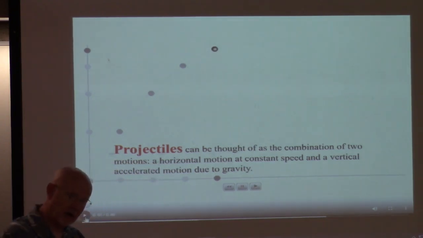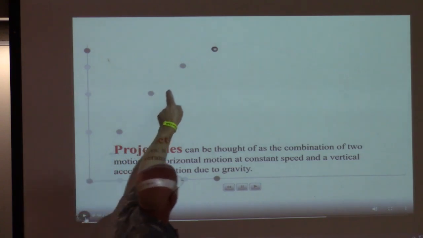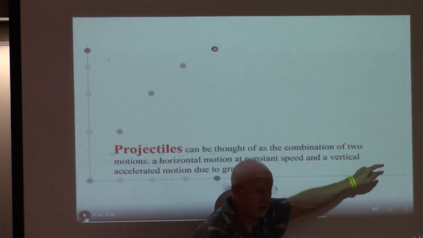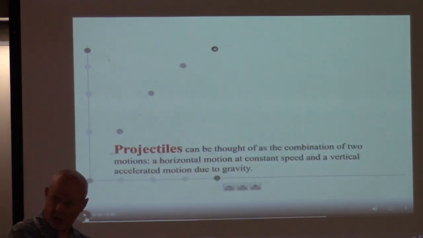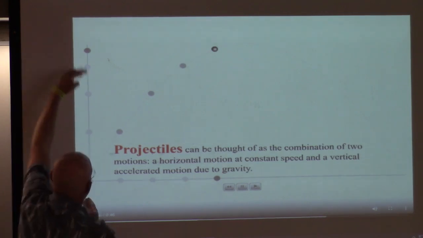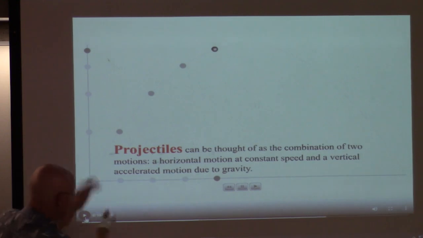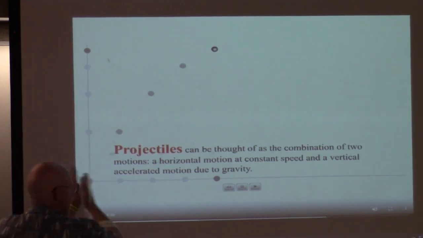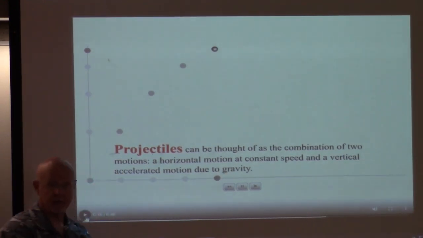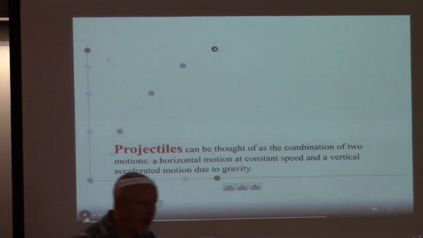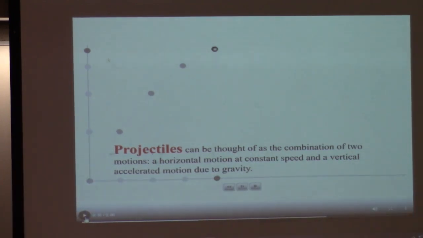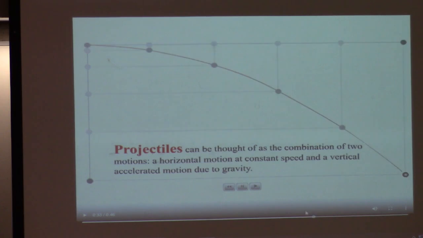And that is our little animation to show you, if I want to understand the motion of this projectile, I will break it apart into this and this. And I will do my calculations of y and my calculations of x separately, as I've been saying for a long time now.